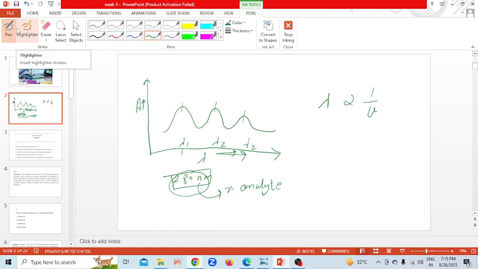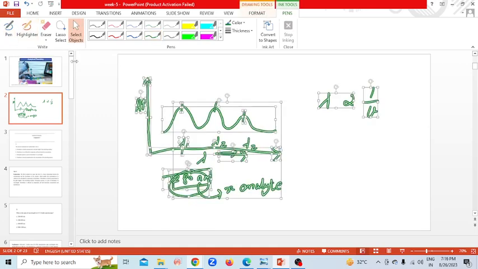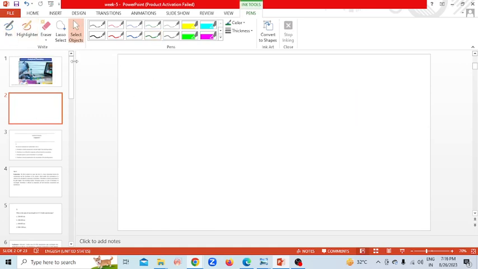One more concept discussed in lectures: suppose we have an analyte which gives many peaks in the vapor phase. In a non-polar solvent it will give only some peaks, but in a polar solvent it will give a broad peak like that.